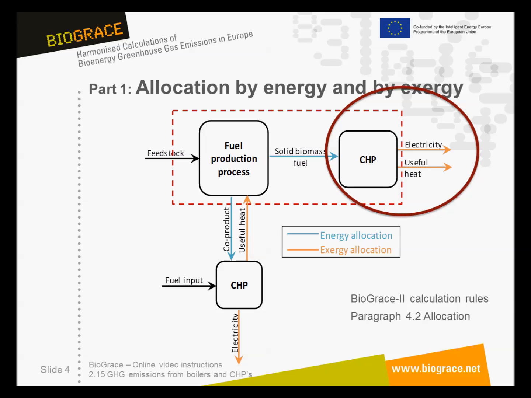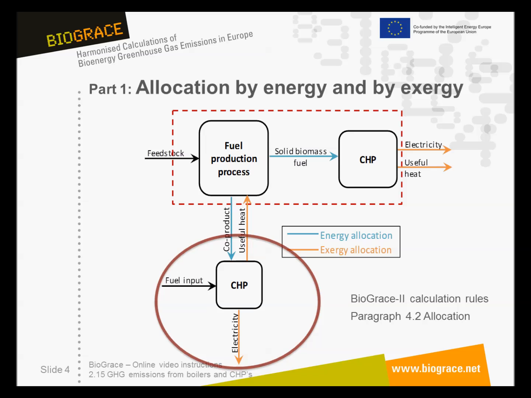This part of the BioGrace 2 Excel tool will not be shown in this video instruction. The exergy allocation for the boiler or CHP providing heat and/or electricity to the process is somewhat more difficult, as different fuels can be used in this boiler or CHP. These boilers and CHPs are the subject of this video instruction.